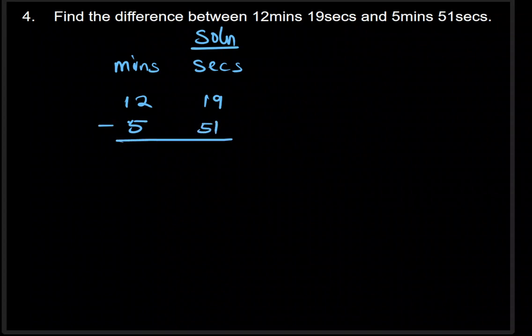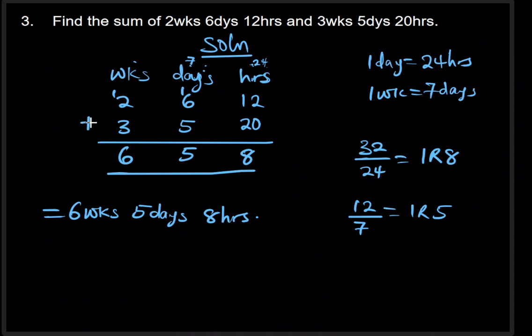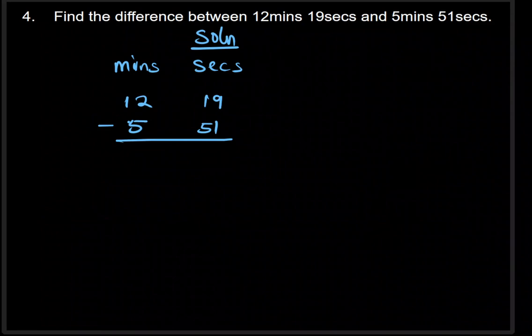I've not been adding signs here. Remember I said that when we come under seconds, we see this as 19, not you doing 9 minus 1. No, we see this as 19. This is one digit under seconds, 19, and see this as 51.